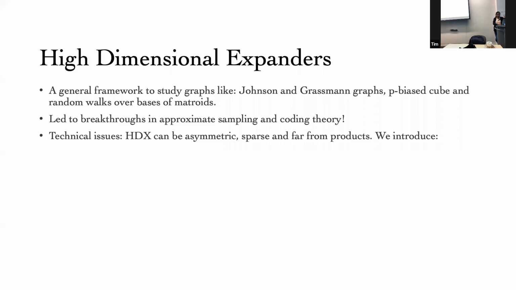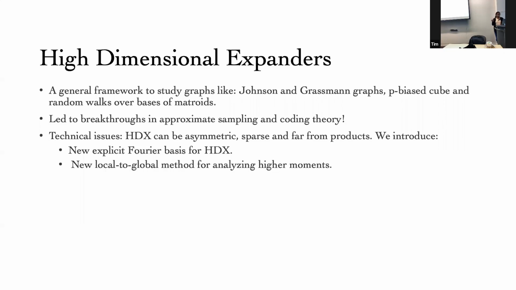We have to overcome some technical issues: high dimensional expanders can be much more asymmetric, sparse, and far from products. For example, if you look at a complete graph versus an expander, it's not clear that a proof for a complete graph would carry over to an expander, because the expander could be sparse. Similarly, HDX could be sparse versions of Johnson graphs. So we introduce a new explicit Fourier basis for high dimensional expanders, and also a local to global method for analyzing higher moments.